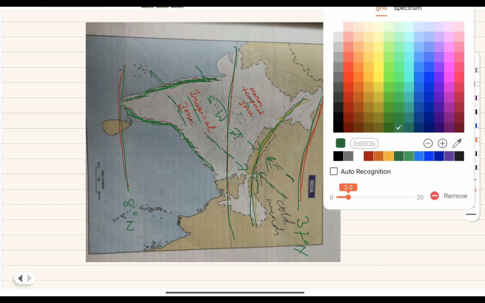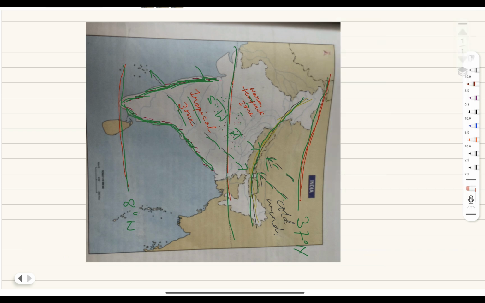Now next factor is western disturbances and tropical cyclone. Western disturbances will affect the northwestern part of India. This western disturbance or temperate cyclone affects the northwestern part of India, and it originates from the Mediterranean Sea.